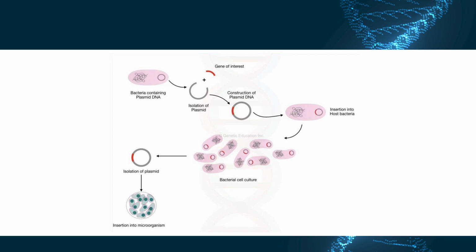Then these two will be joined with the help of ligases, and this is the recombinant DNA or rDNA which is created. It is basically created by recombining the vector molecule as well as the gene of interest. Then in the next step we can see the recombinant DNA molecule is basically taken up by the host cells.